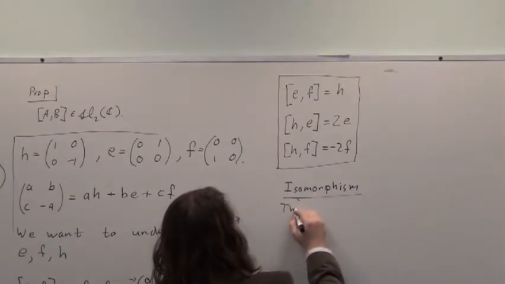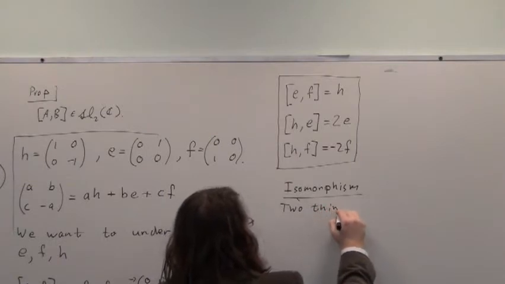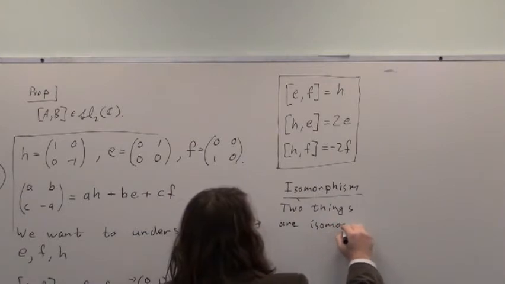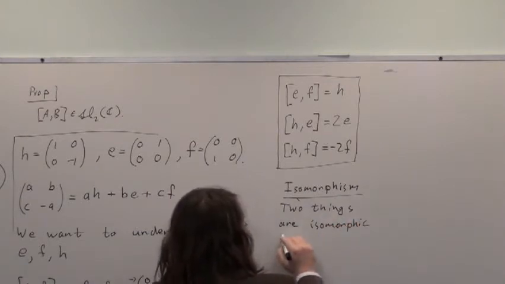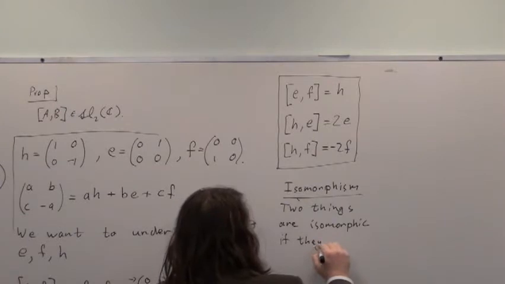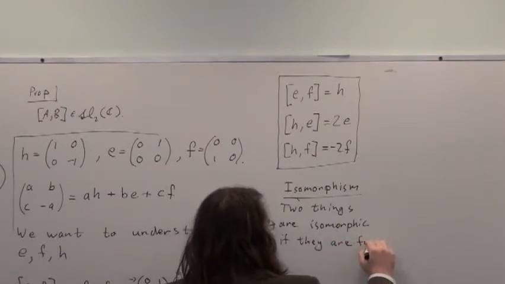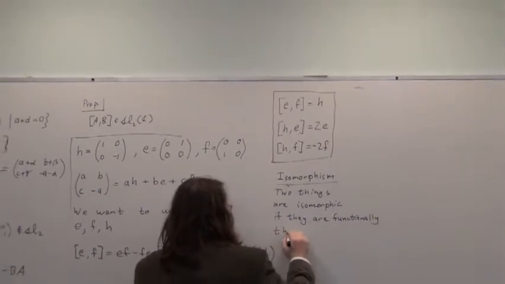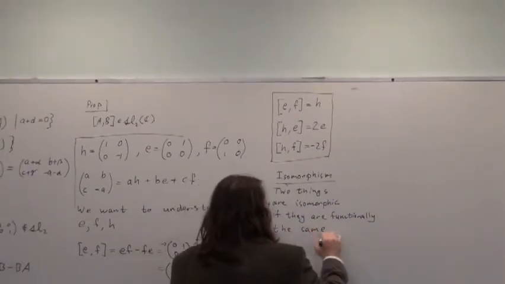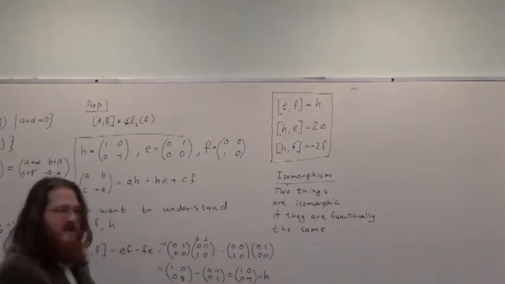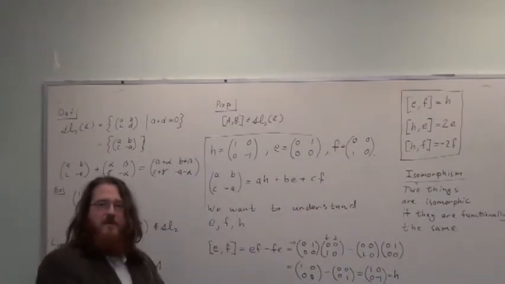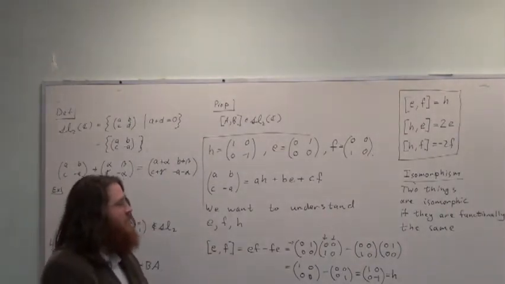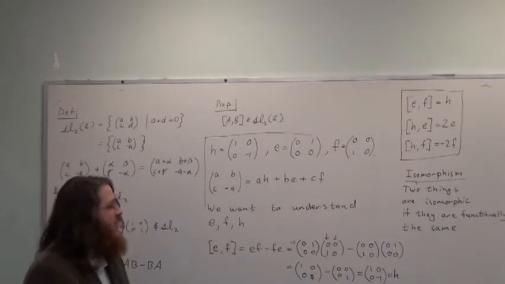Two things are isomorphic if they are functionally the same. In terms of their function, I can't distinguish them. I may be able to distinguish them by how they look, but really in the way they function and the way they behave, they are in fact the same.